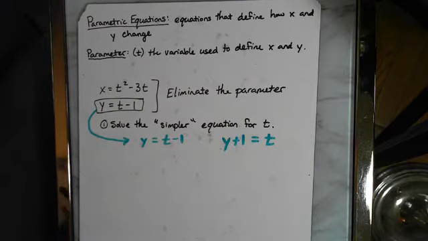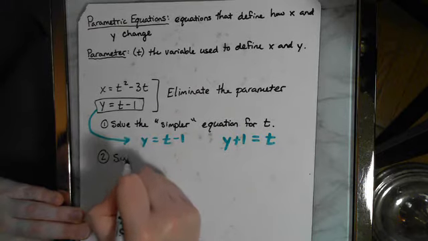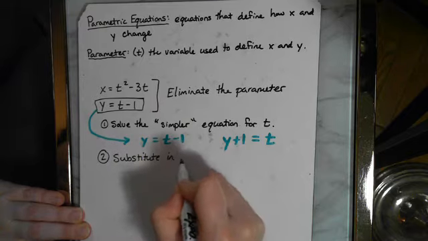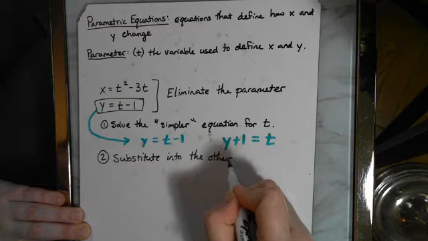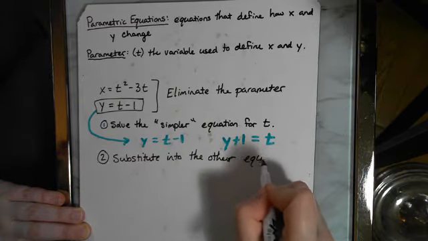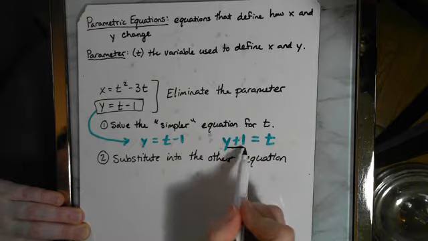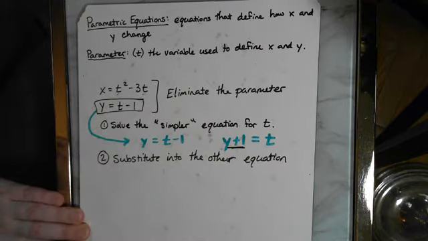So that's step 1. Step 2 is you're going to substitute into the other equation. So I'm going to take what I got here and I'm going to put it into this x equation everywhere I see a t.